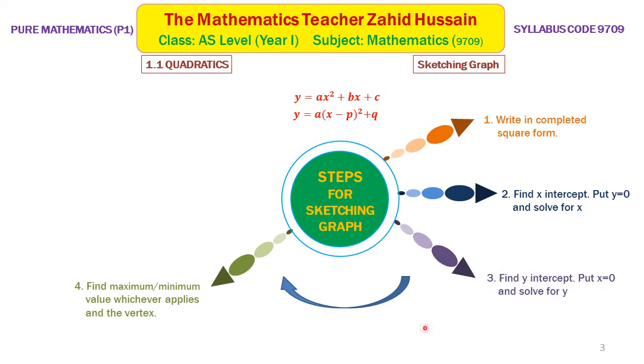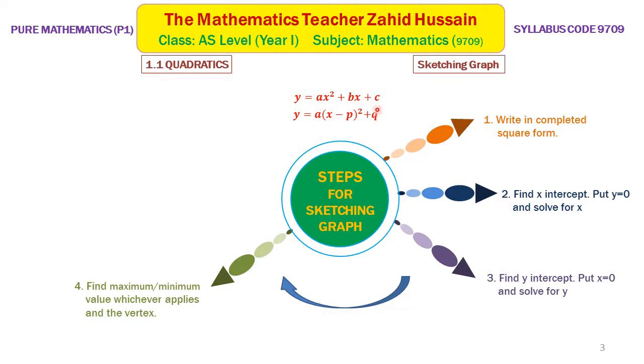Then you will find the maximum and minimum value, whichever applies, and the coordinates of the vertex. You know, when the coefficient of x squared is positive, the parabola opens up. If the parabola opens up, then there is a minimum value of the graph, and if the coefficient of x squared is negative, then the parabola opens down and the graph has a maximum value, and this maximum or minimum value is the value of q in completed square form.